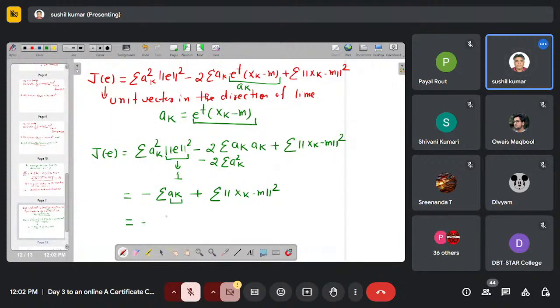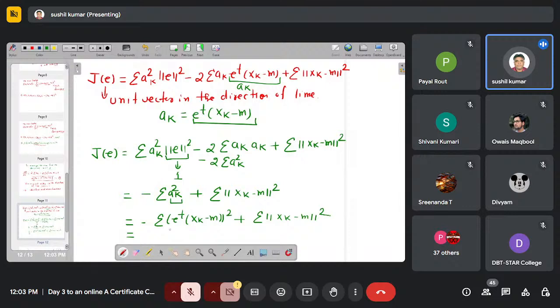Minus E transpose, sorry, this is square actually, because it is a_k square: (e transpose (x_k minus m)) whole square, plus (x_k minus m) whole square.